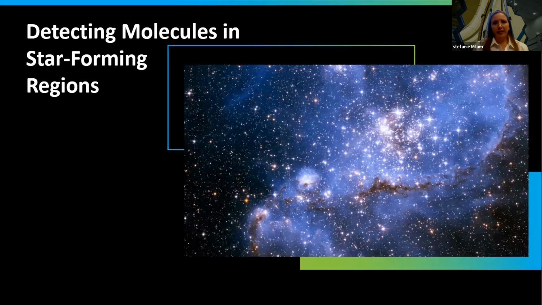So obviously, detecting molecules in star-forming regions is definitely a highlight and one of JWST's key science themes. We have a handful of them, and star formation and probing chemistry across the galaxy and the universe is something of significance for JWST.